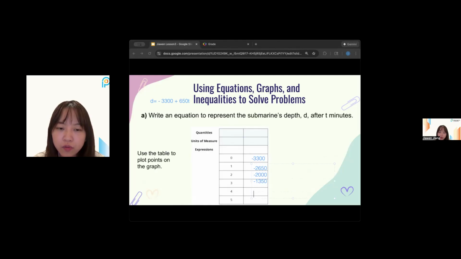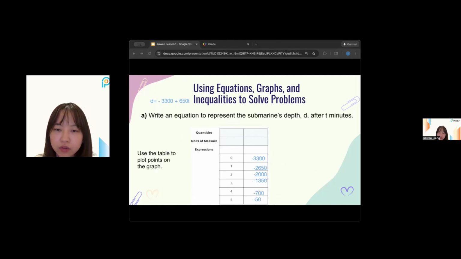And when t equals 4, we got minus 700. And when t equals 5, the depth is minus 50. Okay, good job.